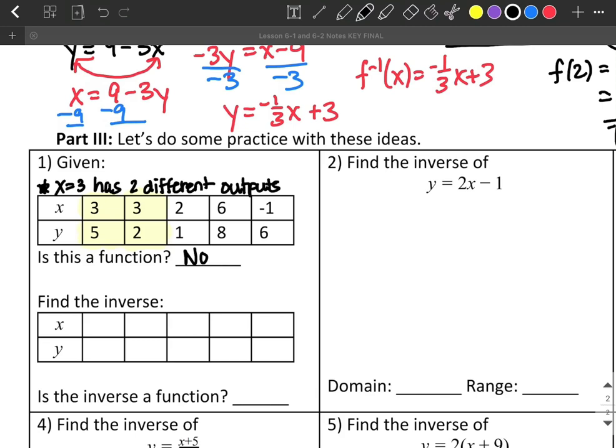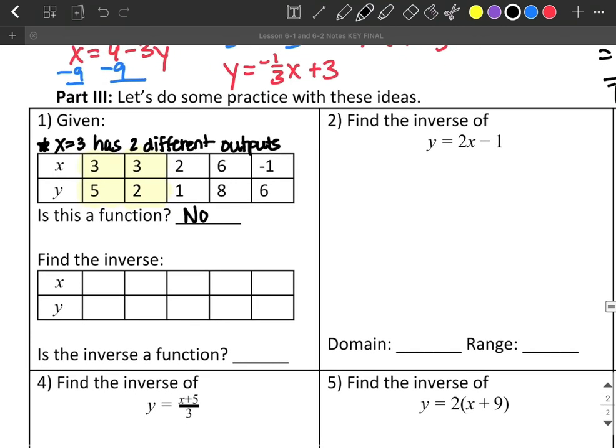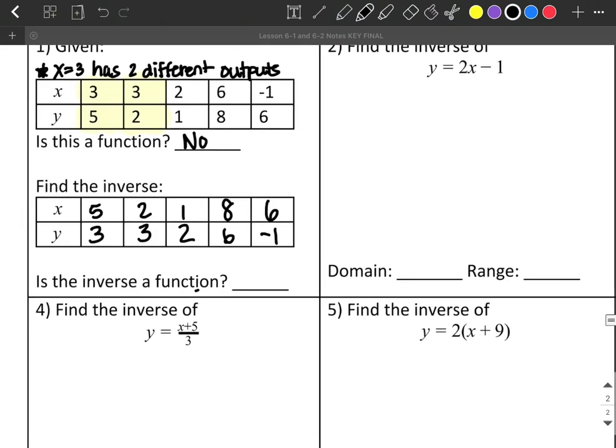But if I switch all of these values, so instead of 3, 5, I have 5, 3. Instead of 3, 2, I have 2, 3. Instead of 2, 1, I have 1, 2. Instead of 6, 8, 8, 6. And then 6, -1. Is that a function? While I'm looking, is there any x value that has 2 different y's?